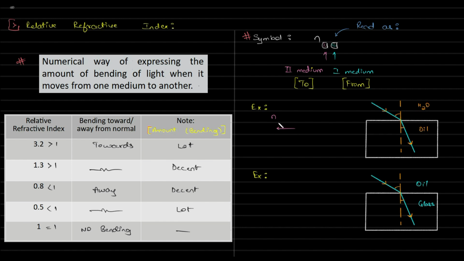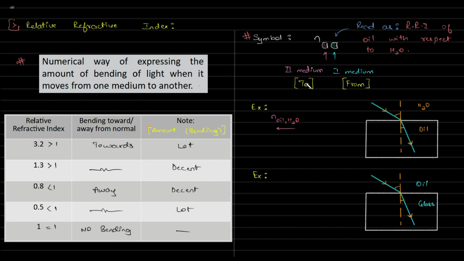So we have to represent it with n of oil, comma, water. We read it as relative refractive index of the second medium, that is oil, with respect to water.